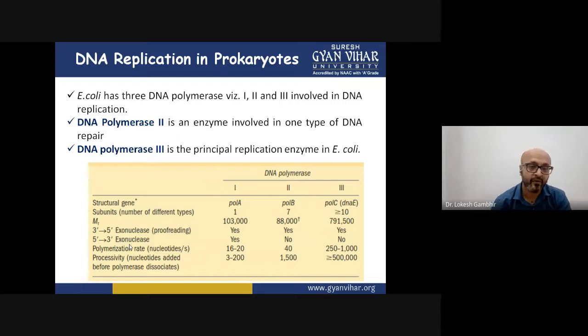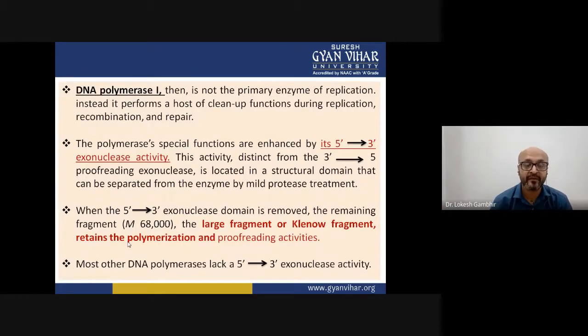That's why all these three enzymes are very essential in the prokaryotic system. Although I have mentioned only three, in actual fact there are 5 different types of polymerase enzymes present inside prokaryotes. But we are focusing on 3 only because we are going for replication and understanding their basic role in replication.